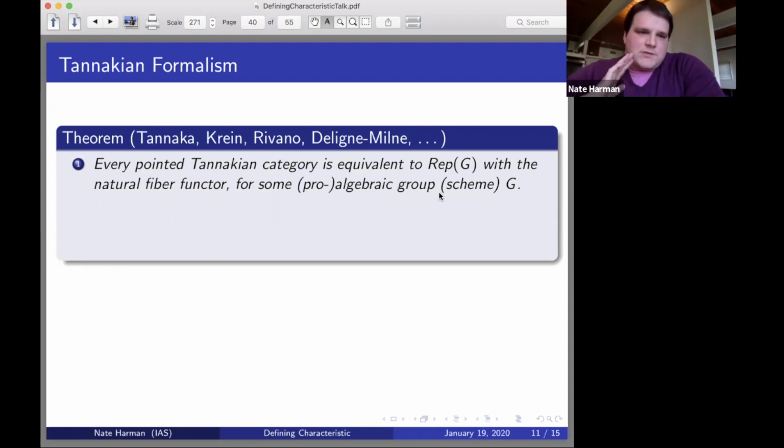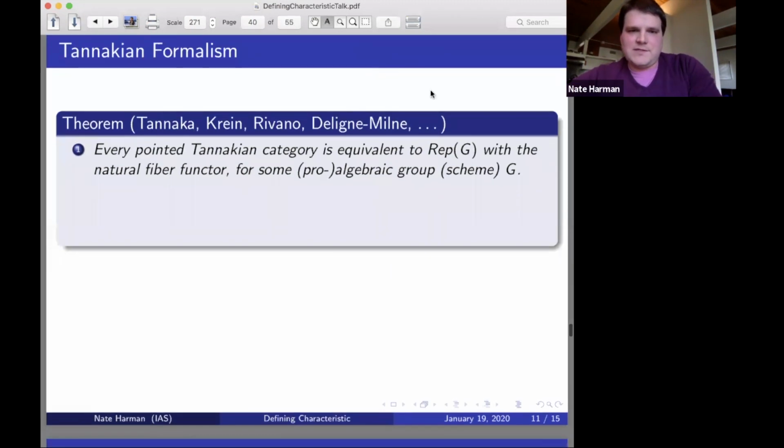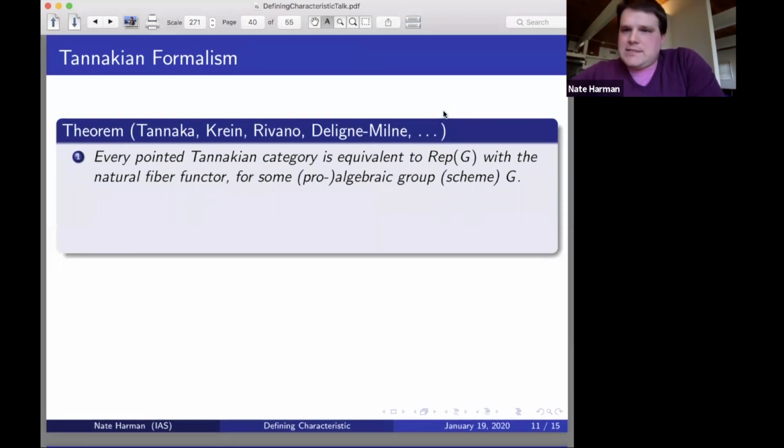So every Tannakian category comes from representations of some algebraic group scheme. And again I should say affine algebraic group scheme, to be precise.